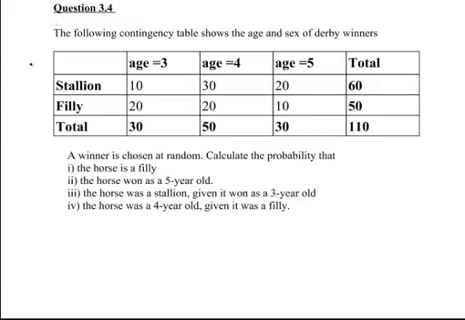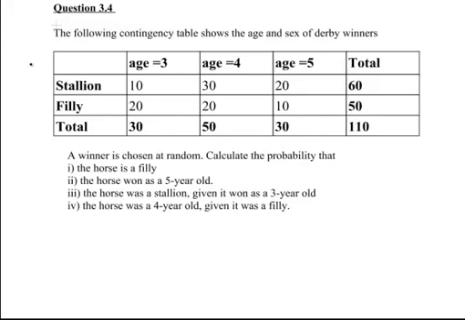I'm not really that sure about horse racing or race horses or anything like that. So what we have here is 110 Derby winners altogether. It seems that there were 60 male stallion winners and 50 female fillies. Also we have a breakdown of the age groups: 30 of them were 3 years old, 50 of them were 4 years old, and again 30 of them were 5 years old.